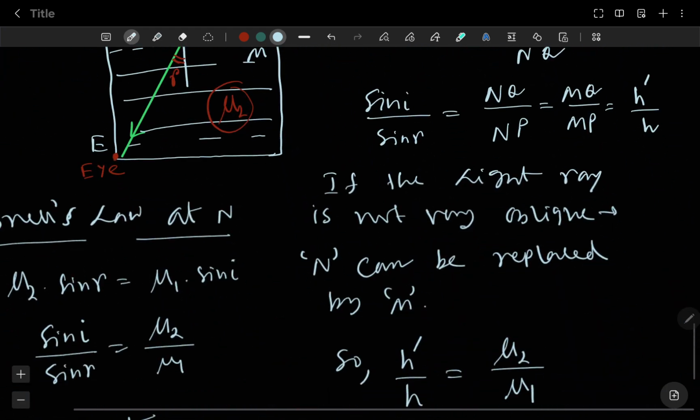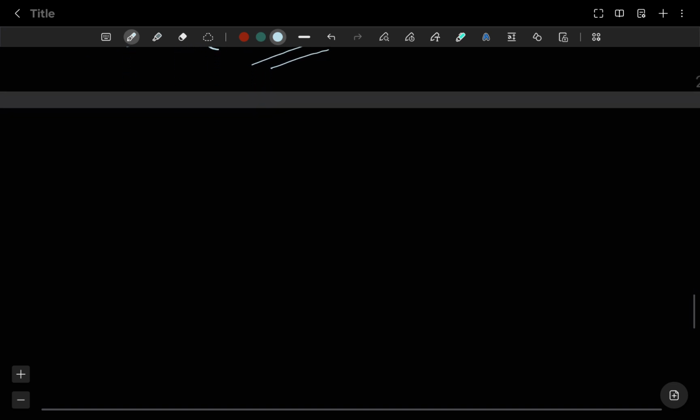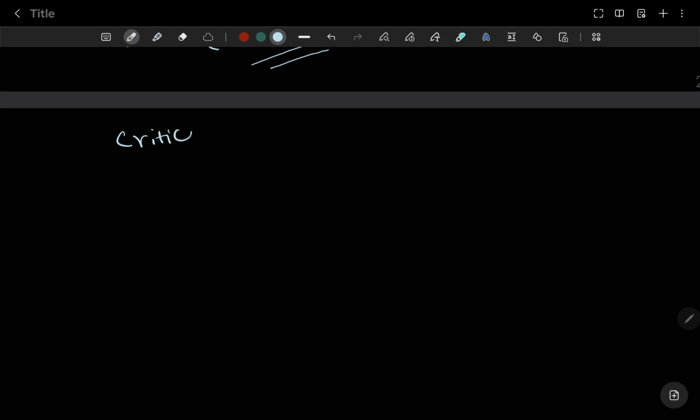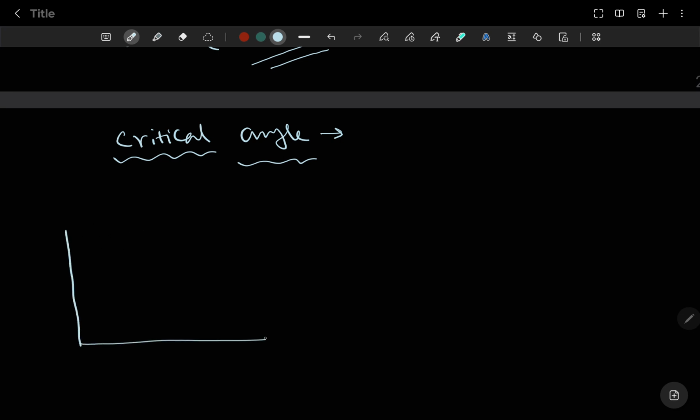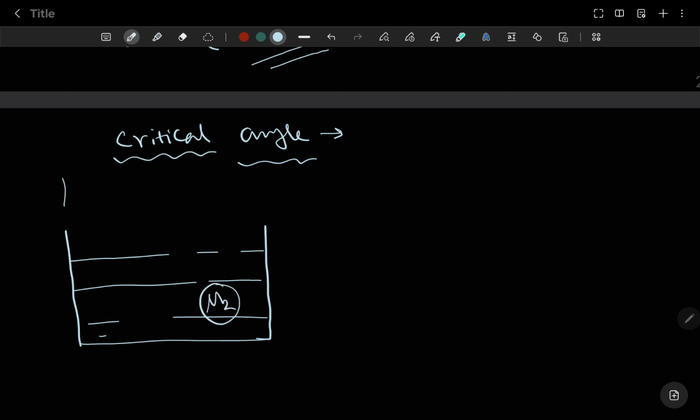fine. Now let us discuss the critical angle. The critical angle, we all know this, right? Suppose this is the denser medium, this is the rarer medium.